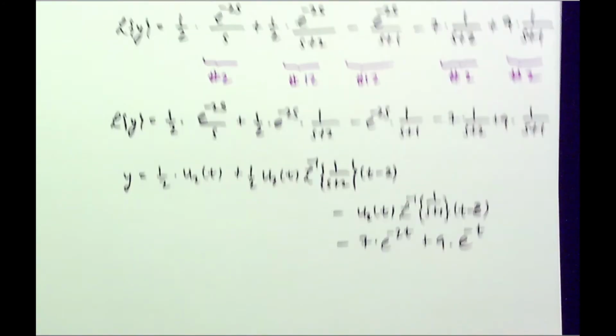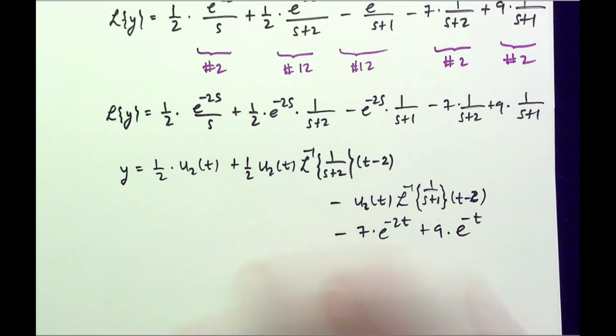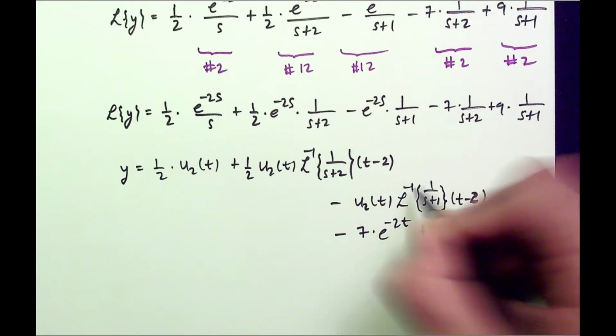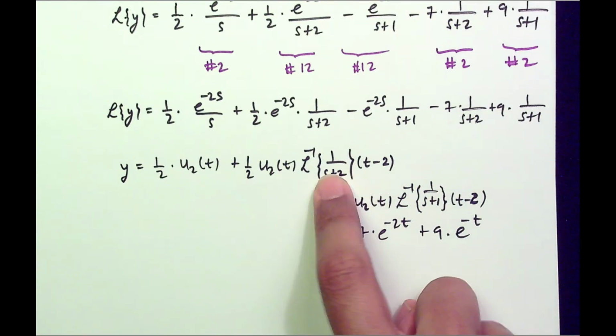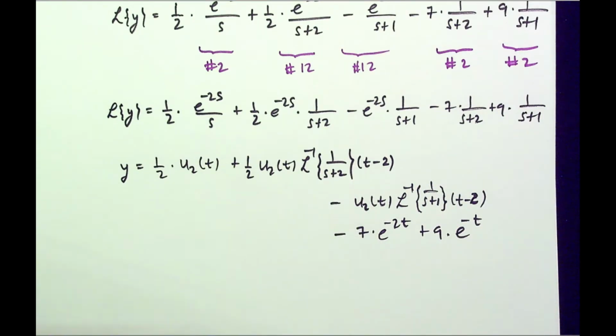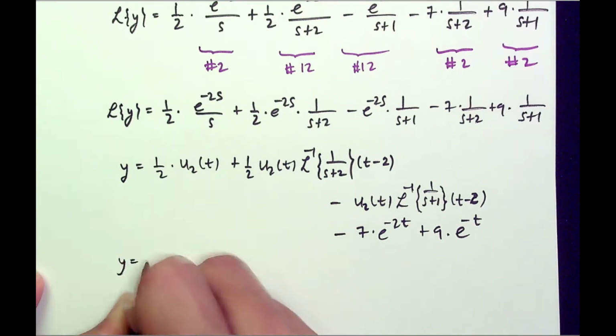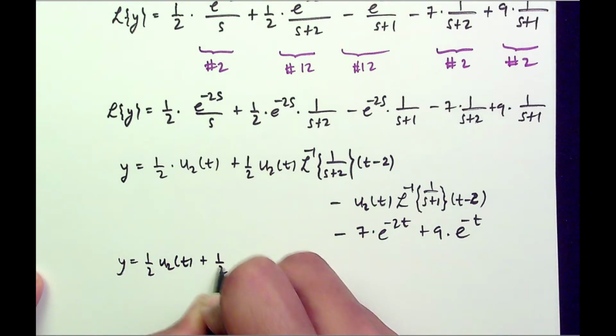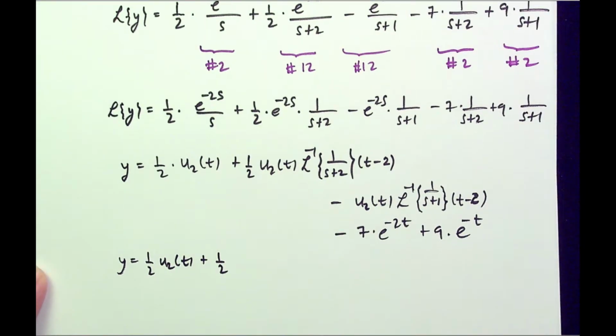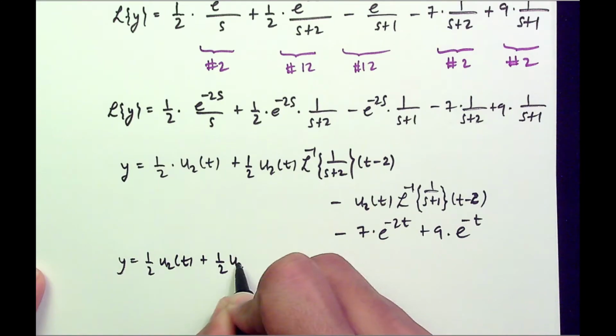Now let's try to write it in a single line, because that's too messy with 3 lines. Okay, so this is going to be y equals, so now it comes... Oh, not even, because we haven't done that yet. So what is the Laplace inverse of that? This is 1 half u2 plus 1 half u2 t.